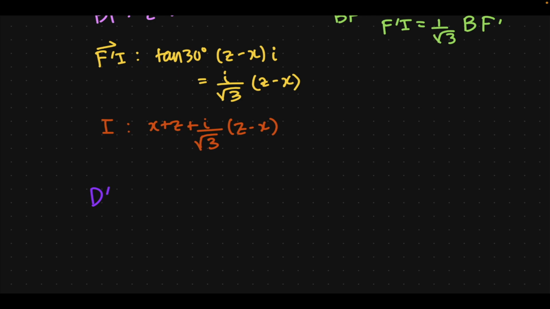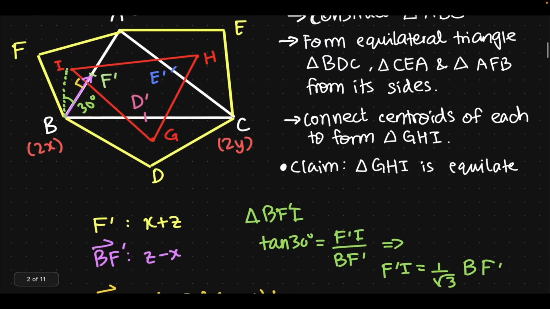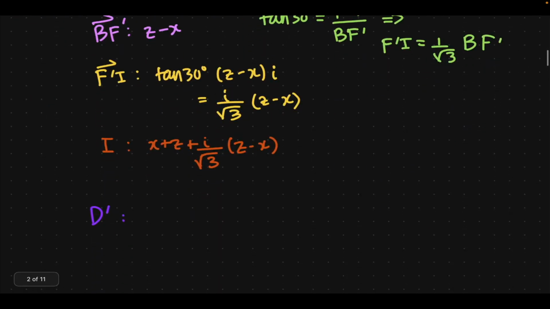So D prime, the coordinates of that are going to be the midpoint of BC. So that's going to be x plus y, and then we have vector CD prime is going to be x minus y.